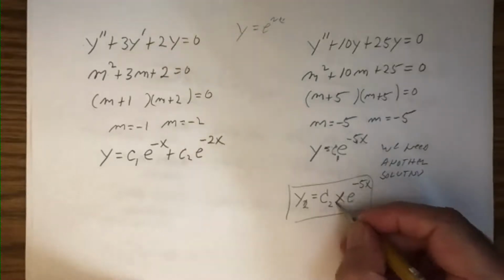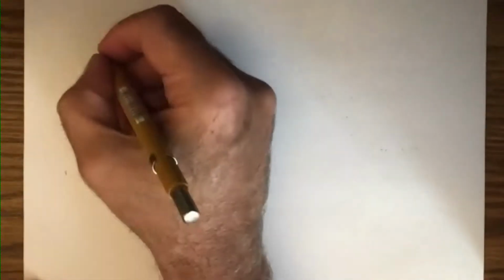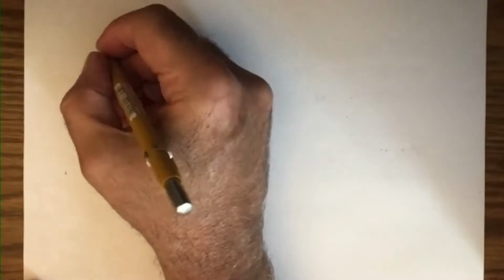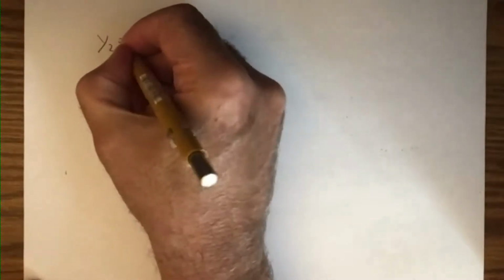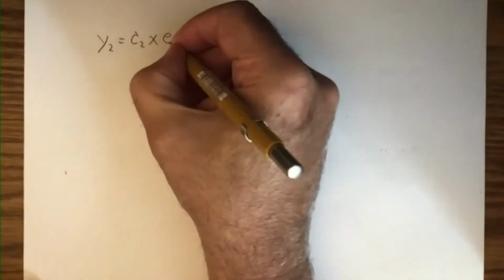So you're just going to multiply by x to get your second solution. Now I'm going to show you that that works. If we go back to, well, let's see. Yeah. I'll show you that it's always going to be the case, but I'm going to show you that it works.